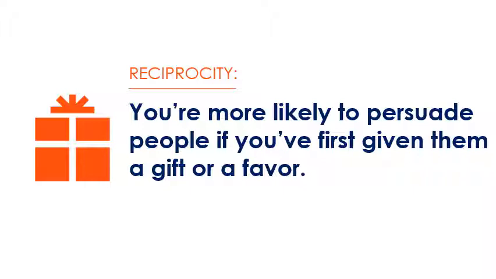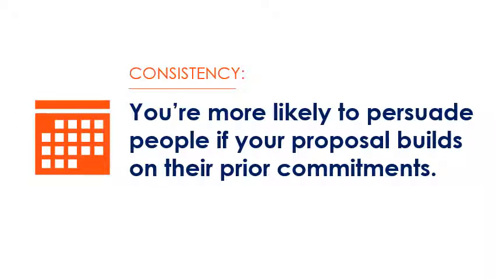The first of these 6 principles is reciprocity, the idea that you're more likely to persuade people if you've first given them a gift or a favor. The second principle is consistency, the idea that you're more likely to persuade people if your proposal builds on their prior commitments.